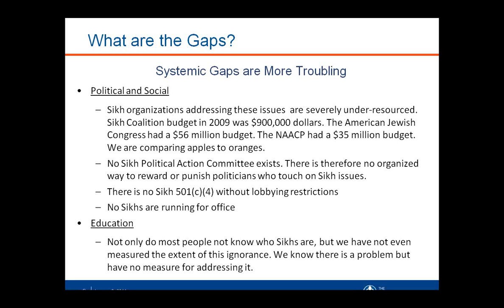So it is possible to do these things, but you need organization and you need people who are willing to go ahead and do it. And we have no organization out there that's encouraging people in our community to register to vote and then also themselves to run for office. And it's a huge gap.